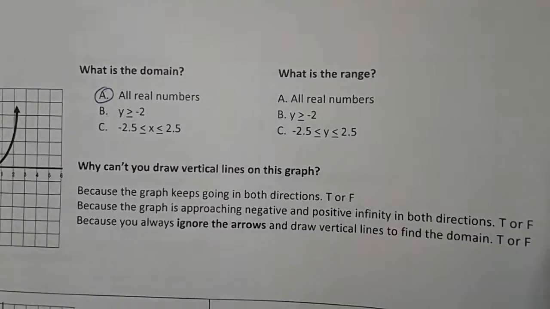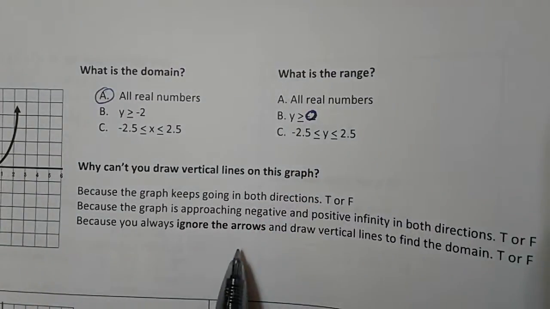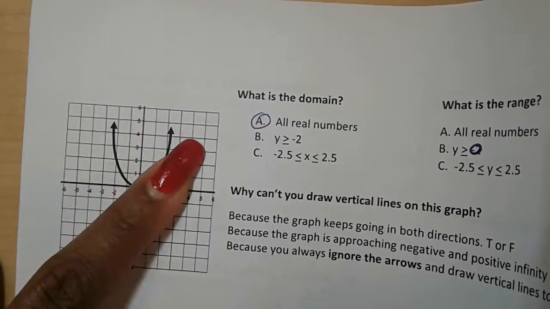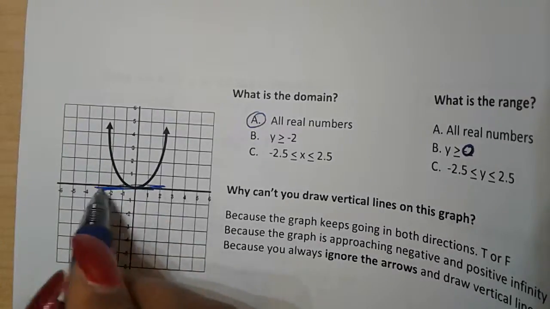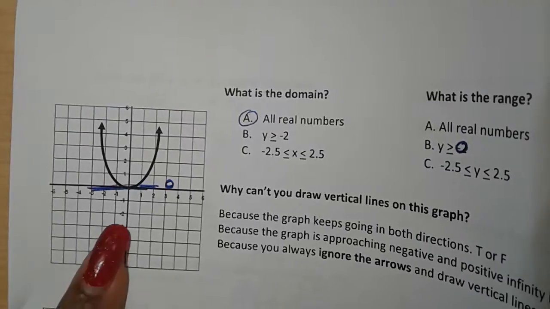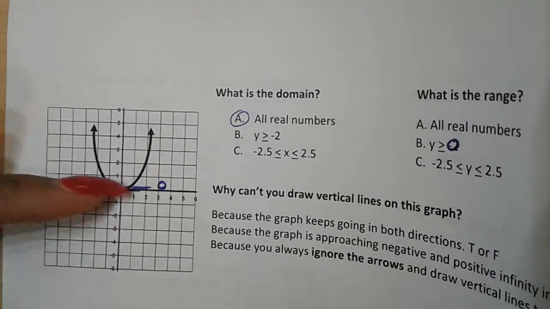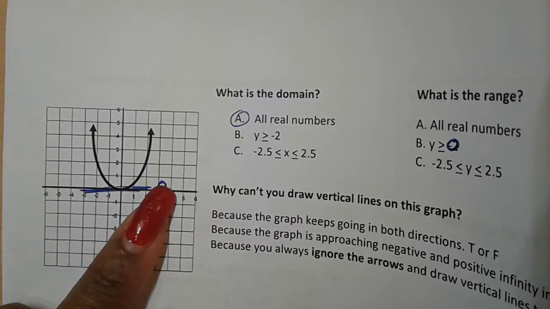It's not all real numbers. I cannot draw a horizontal line at the top because it keeps going, but I can at the bottom because it's 0. Draw a horizontal line and then realize that at 0, oh, wait a minute, hold on.